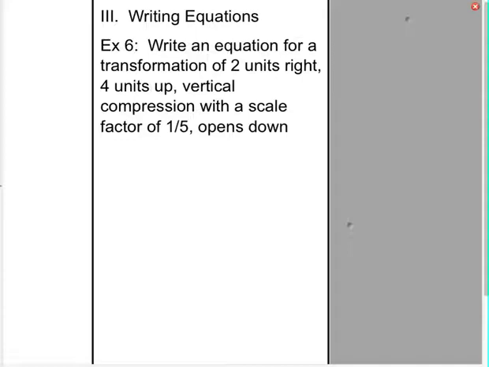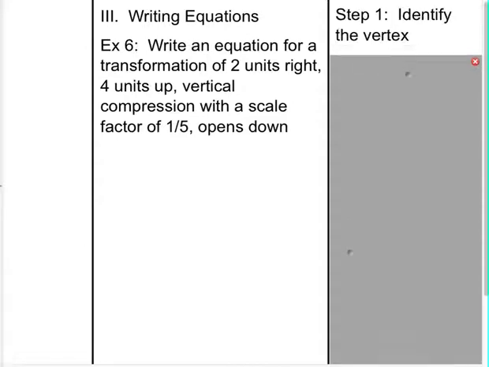Writing the equation. So now taking the information and putting it into an equation. The steps are the same as for graphing. First, figure out what the vertex is. The vertex is any translation, horizontal or vertical. So I am shifting it 2 units right, 4 units up.